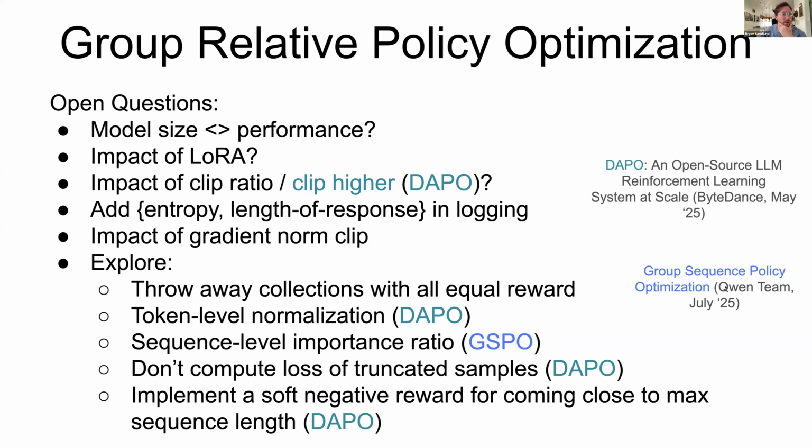In this new paper, we have a sequence-level importance ratio as opposed to token level. And then there's a bunch of other things. I only use one model. I don't actually understand exactly the impact of LoRA. This other paper has another set of optimizations you can try to use.